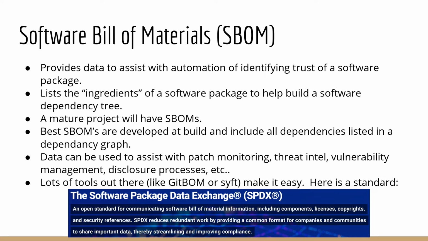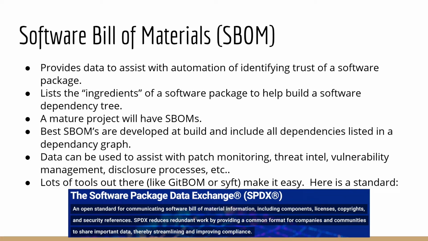So software bill of materials is very important with this problem. What is a software bill of materials? I'm going to just call it SBOM. It really helps with automation and identifying the trust of a software package. It includes the ingredients of your package such as source code, summaries, application builds, container images, running containers, checksums, hashes.